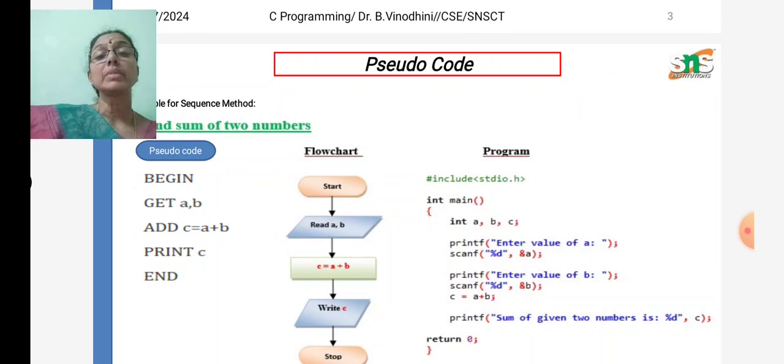The third statement is addition. Using the keyword ADD, we represent the addition statement: ADD c = a + b. Next, we print the result: PRINT c, which displays the output to the console window. And finally we use the END statement.